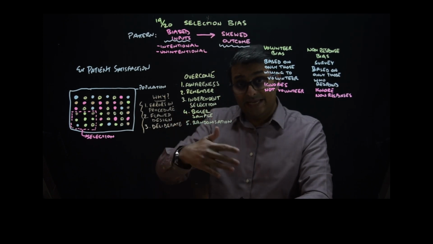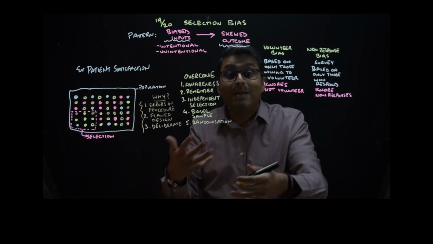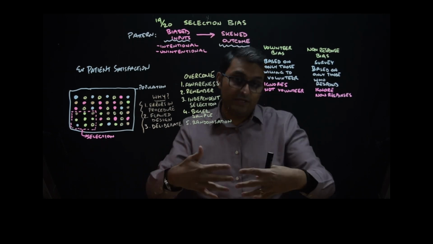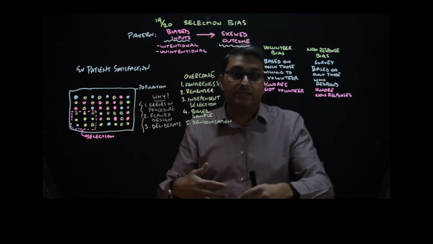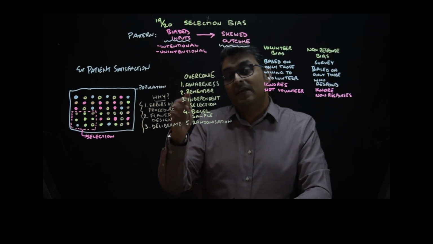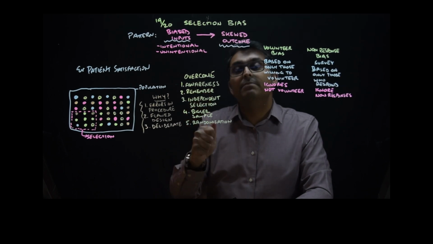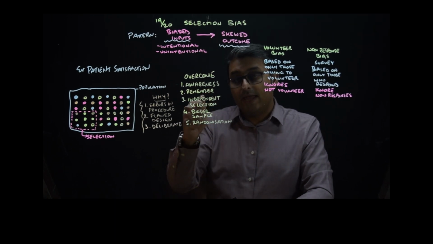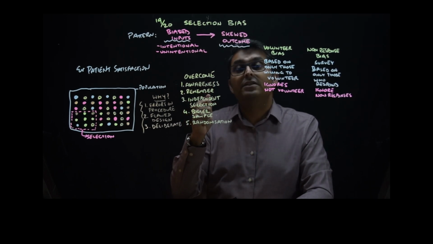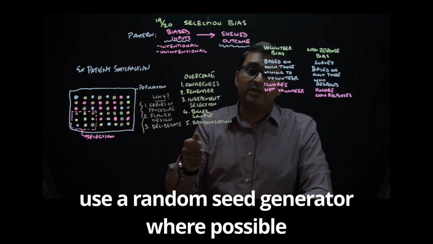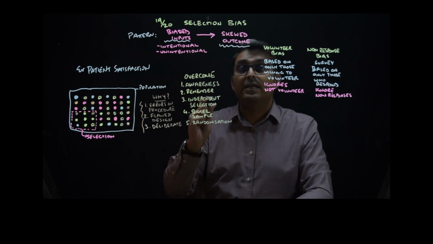Randomize the data or information before making a selection. If that's not possible, if you know all the data and you can't randomize it, then give each item in the population a sample number, and use a random seed generator to select the numbers.